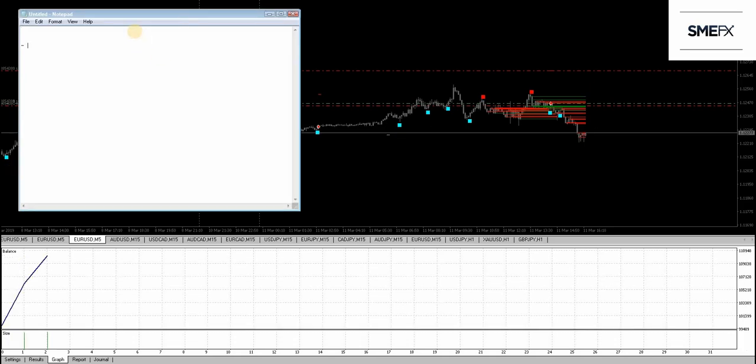I should say that this is a short-term EA, but it's not based on any martingale. It's not based on any pyramiding. It's not based on hedging. It's not based on high frequency trading.